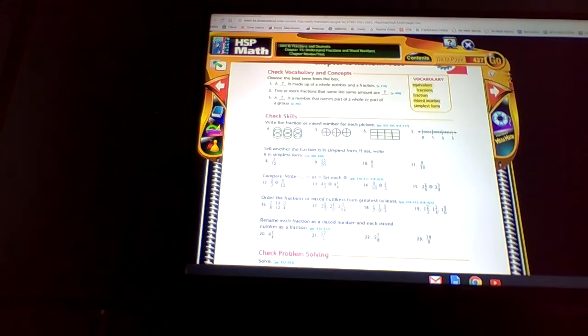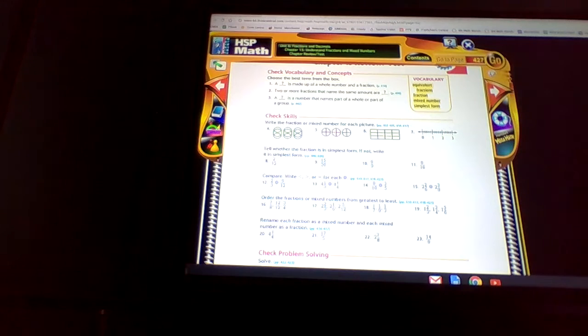Now, numbers 16, 17, 18, 19. Order the fractions or mixed numbers from greatest to least. We can do this. No problem. Let's pick one. We'll do one together. Number 17 looks fun. So I have 2 2/3.